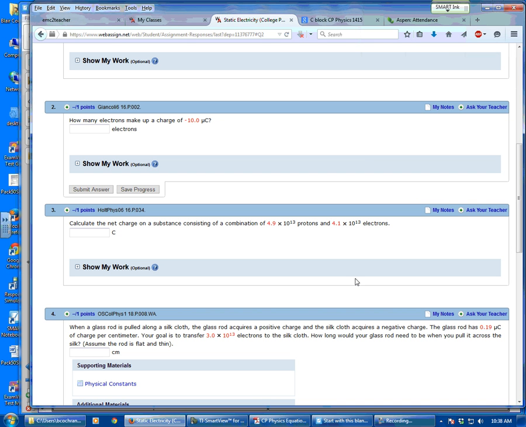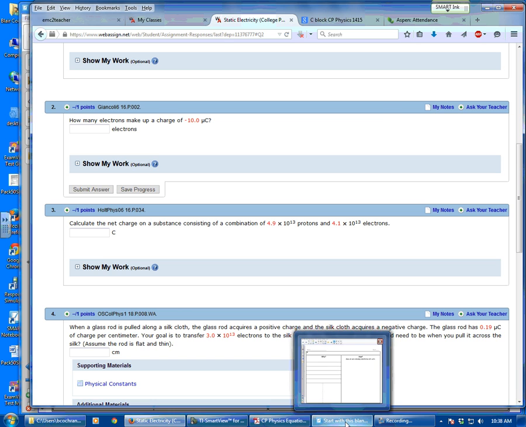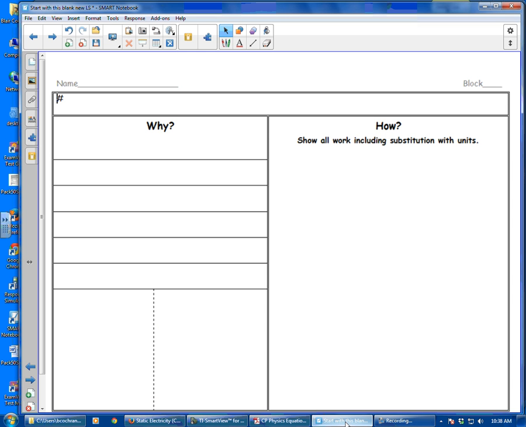All right, we're going to move on to number 2, where it says how many electrons make a charge of, for B, negative 10.0 microcoulombs. So there's one really crucial understanding here to make sure you have in your Y in this type of problem: an electron has one quanta of negative charge.